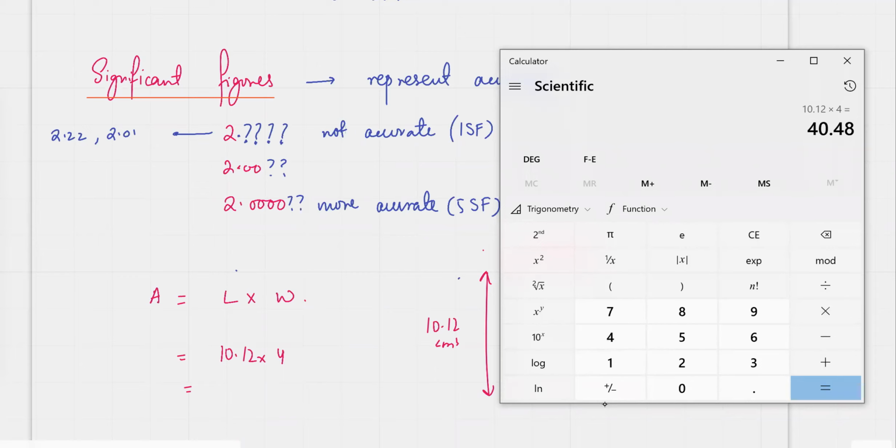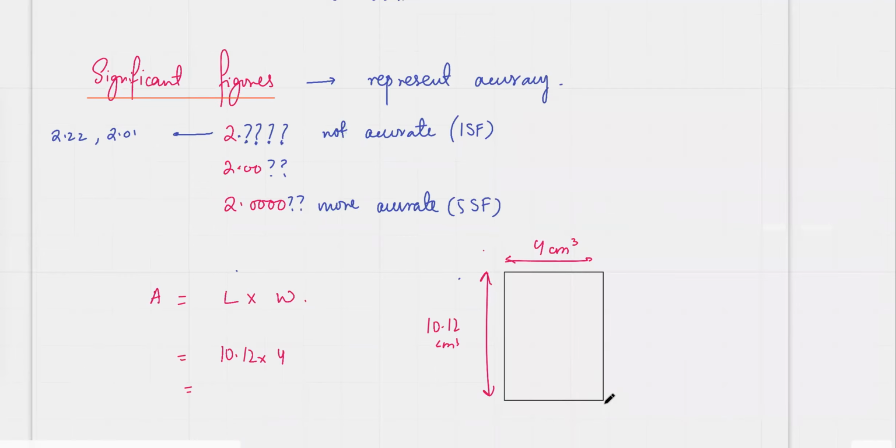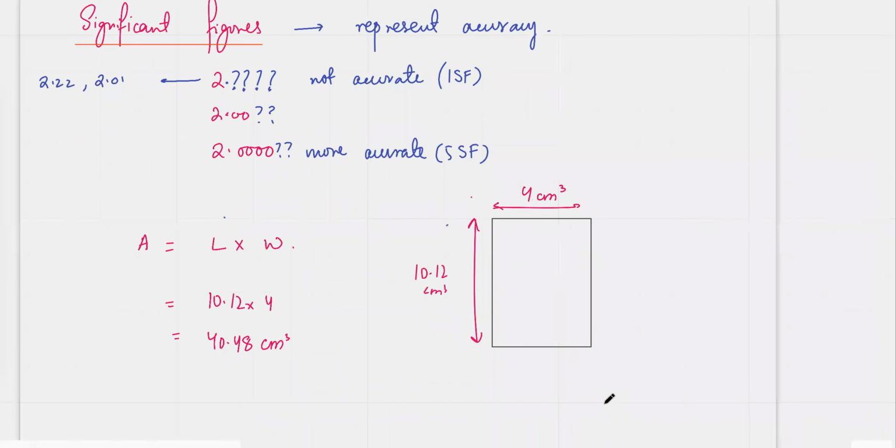And I get 40.48 as my answer, in centimeters square. Now the problem is, one of my values was accurate up till 4 significant figures, and one of my values was accurate up till 1 significant figure.